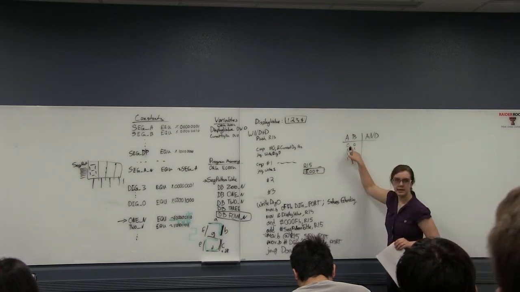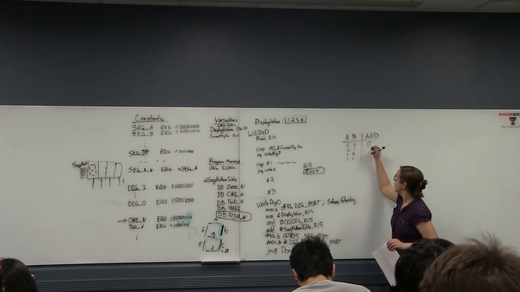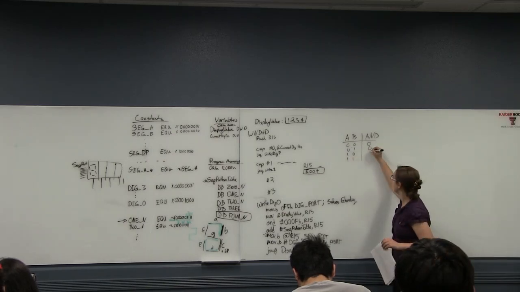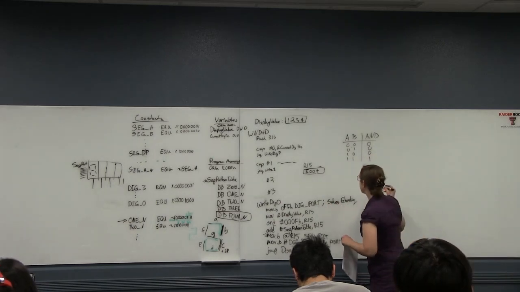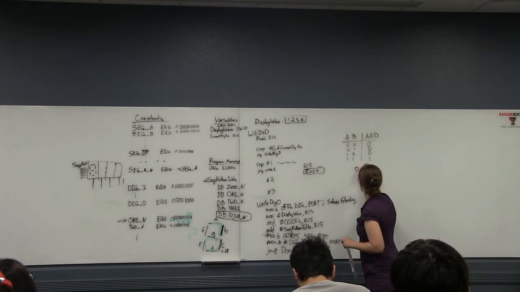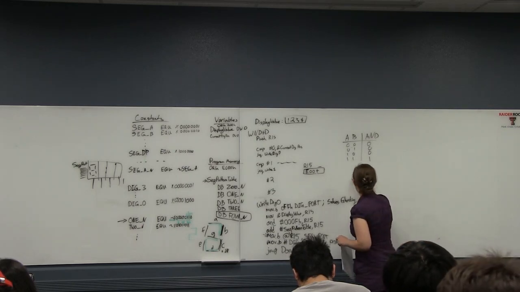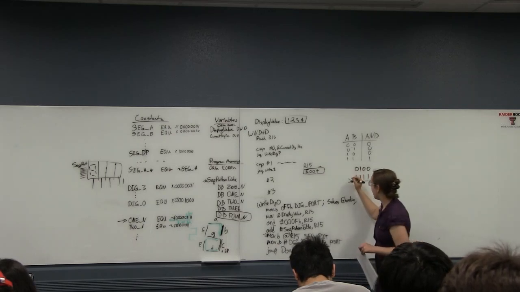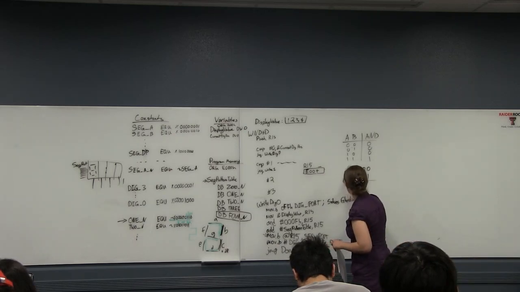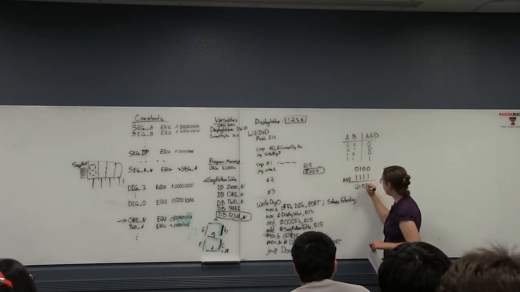So a 0 and a 0, ANDed is a 0, 0 and 1 is a 0, 1 and 0 is a 0, a 1 and a 1 is a 1. So what happens when you have binary 4 and binary F, and you AND these together, you get 4.